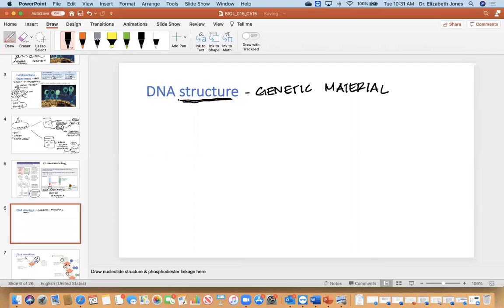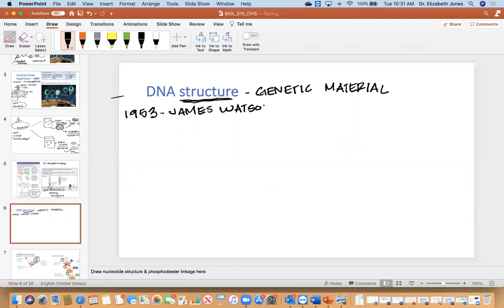All right, and so there were some famous folks involved in looking at this problem. And in 1953, there were two fellas that published a paper discussing the structure of DNA. Their names are James Watson and Francis Crick.